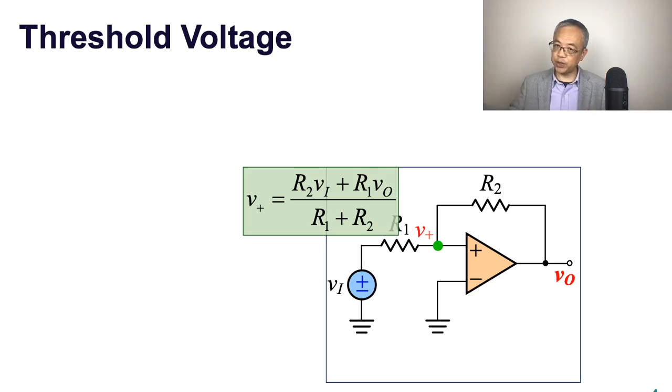You can set VO equals 0, which gives you R2 divided by R1 plus R2. And then the second contribution from the VO, you can set VI equals 0. So then VO times what? R1 divided by R1 plus R2. All right? So this is the V positive voltage.